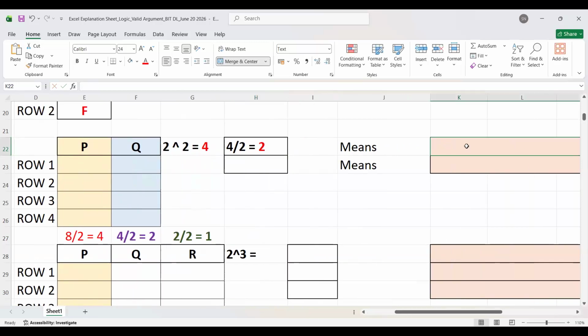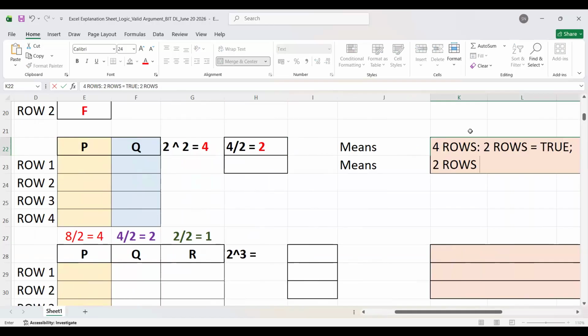Out of the 4 rows, you pick 2 rows and make them true, followed by the other 2 rows, which you make false. So 2 rows will be true, true, followed by 2 rows false, false. That will give you your first column, or your first statement.